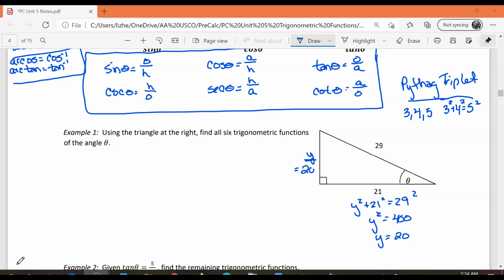But any multiple of these three numbers are also a Pythagorean triplet. For example, if I multiply them all by 2, I have a 6, 8, 10 Pythagorean triplet. By 3, I would have a 9, 12, 15. These are all Pythagorean triplets.